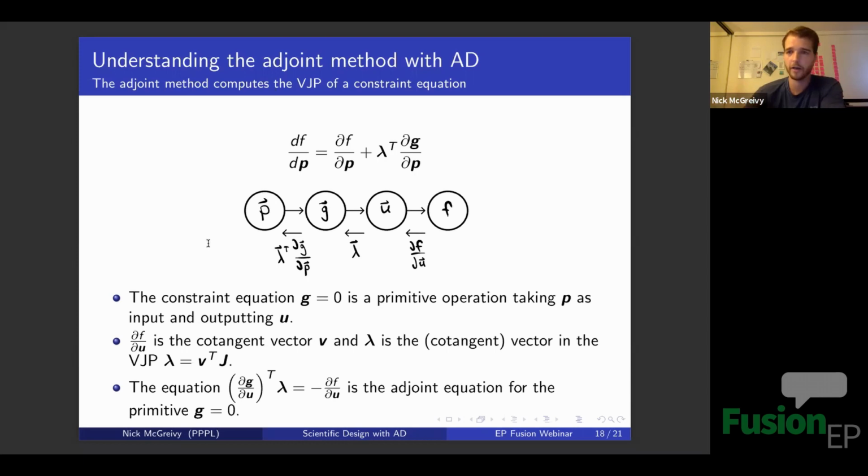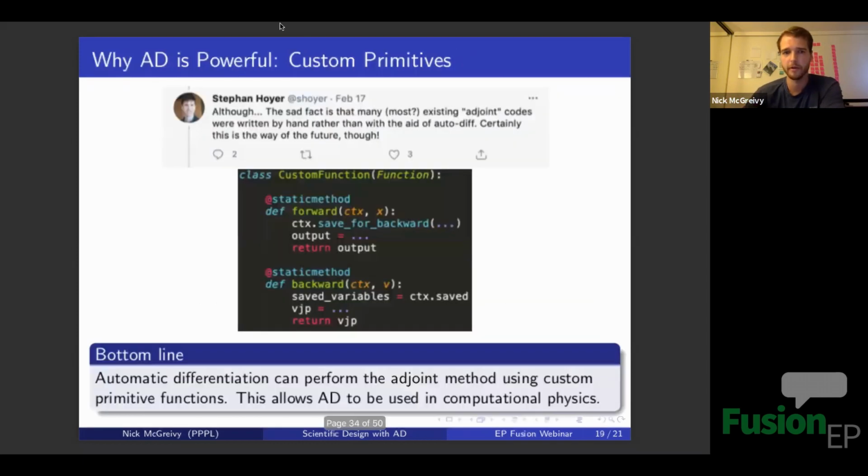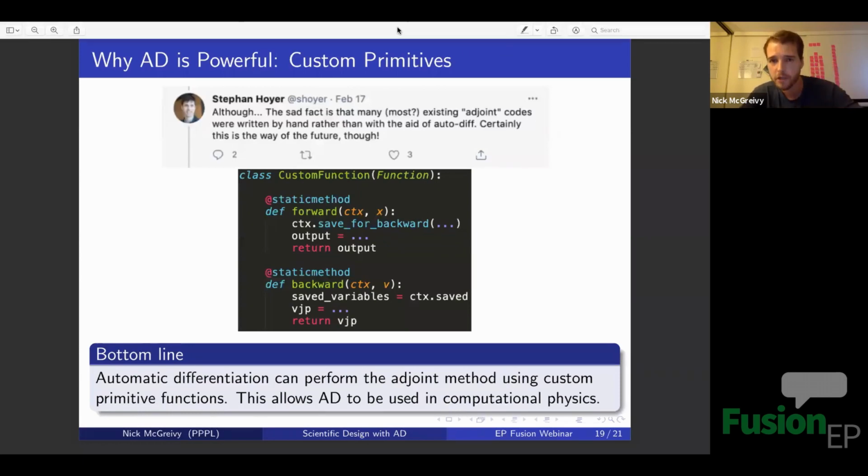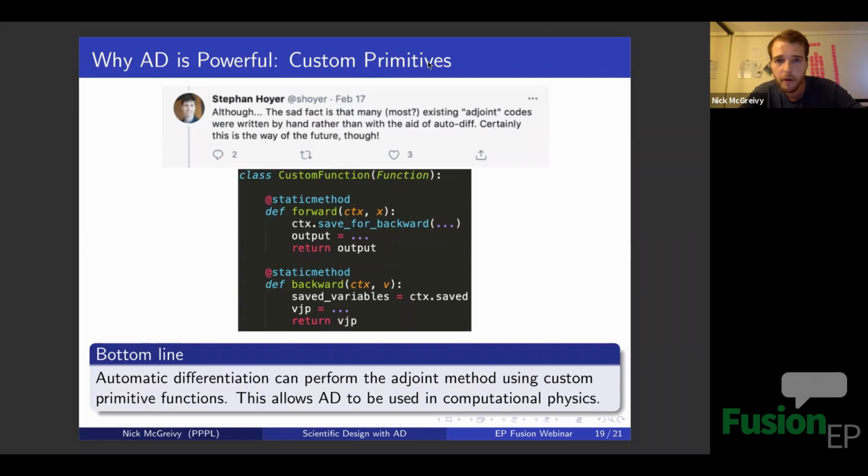Cool. So I claim that this is a simpler way of understanding the adjoint method. Understanding this is kind of important for thinking about how automatic differentiation interfaces with computational science more broadly. And so let's go back to this tweet from Stefan.